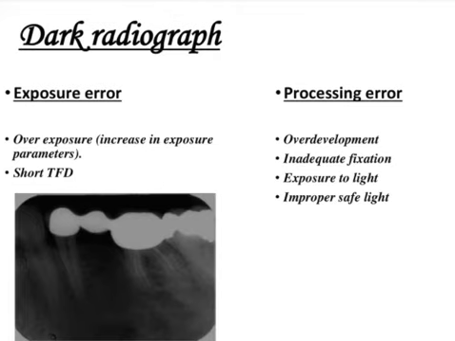Fog means unclear images. Safe lighting is one of the important things in quality assurance in the dental office. There is a method to test the safe lighting. It is called the coin test, or sometimes the penny test. This is to test the safe lighting inside the dark room.